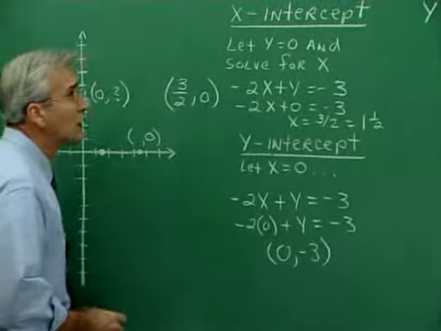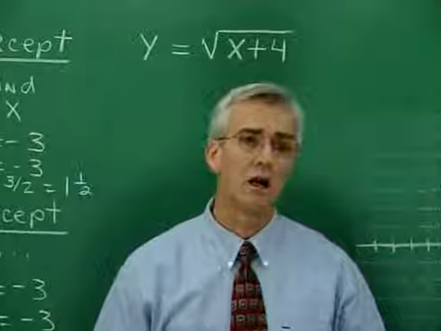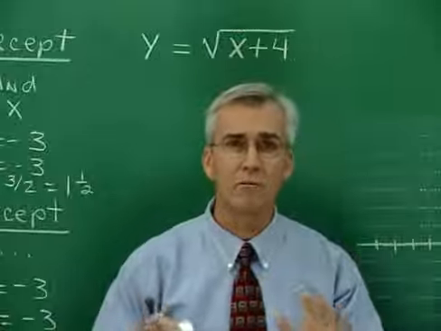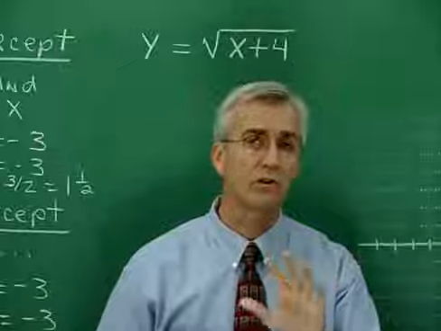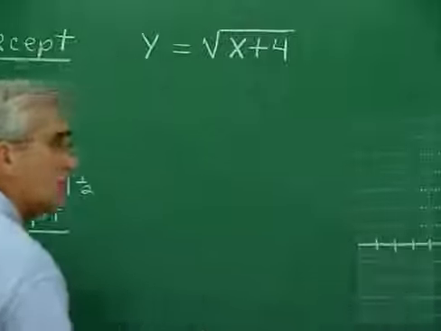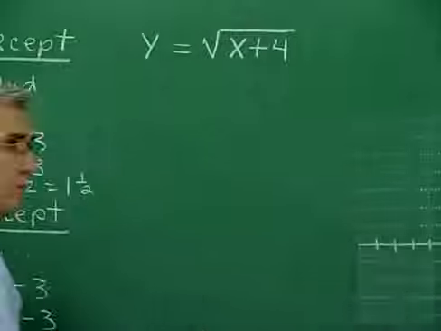Let's go through the process of identifying intercepts using this equation. Now, the equation involves a radical, and as we set up our table of values, we might investigate more than just 2 points because the graph is going to be a curve and not a straight line, so we need a number of points to plot in order to discover the behavior of the graph.